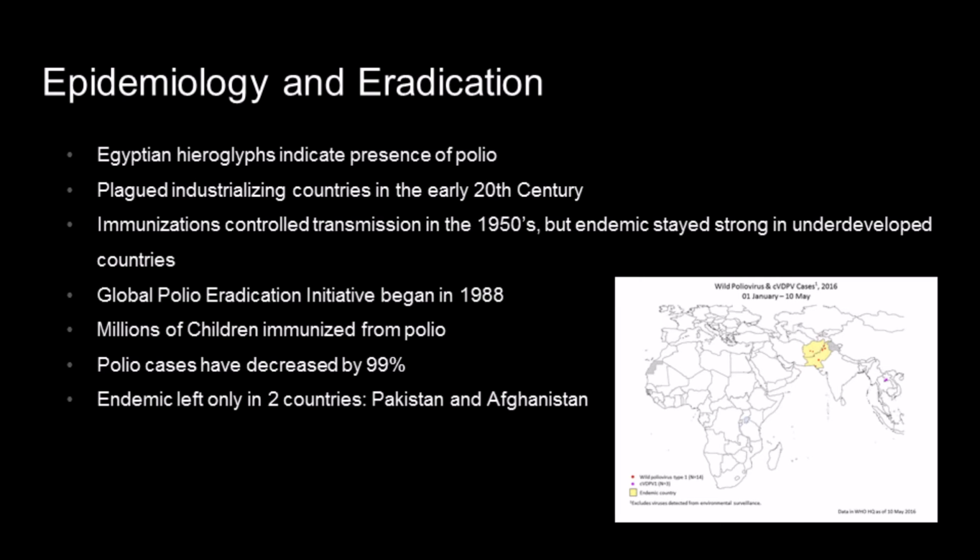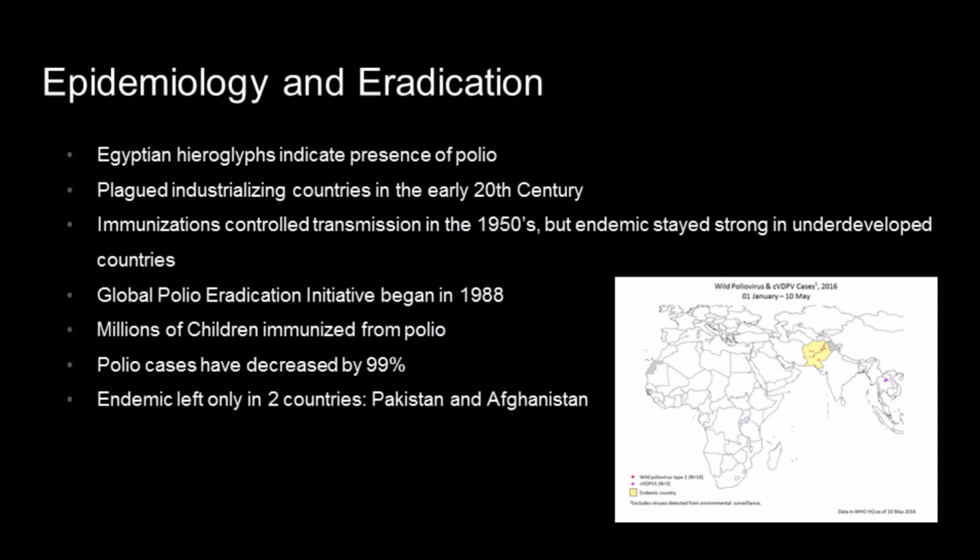The Global Polio Eradication Initiative began, and groups of organizations came together to work together to try to eradicate polio from the world. And since then, millions of children have been immunized from polio. It's been very successful, and polio cases have decreased by 99%.